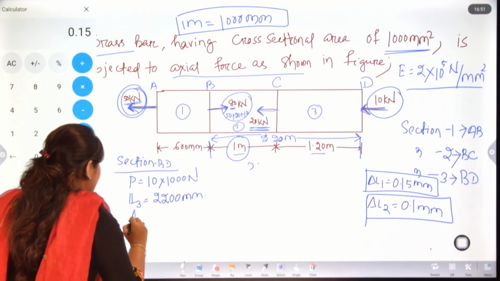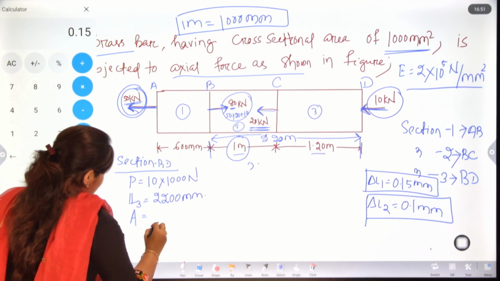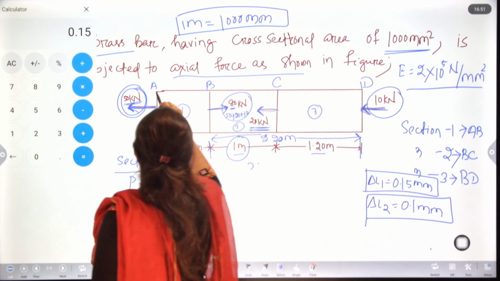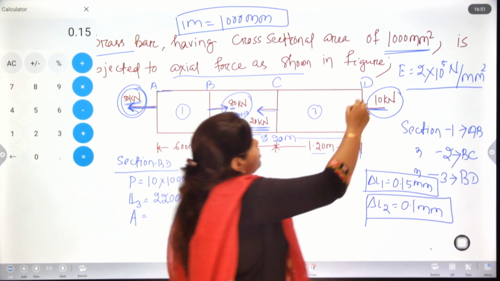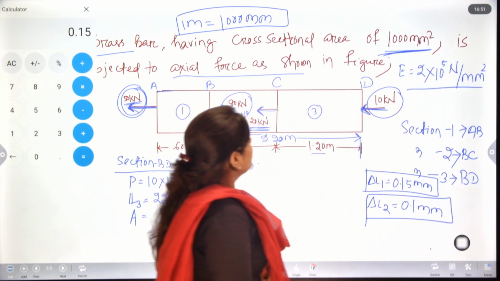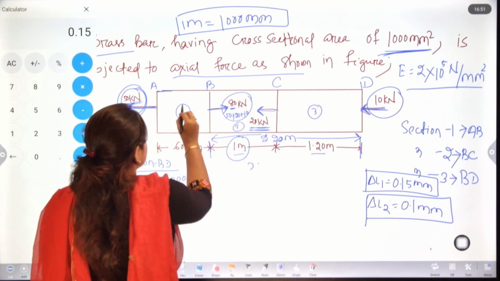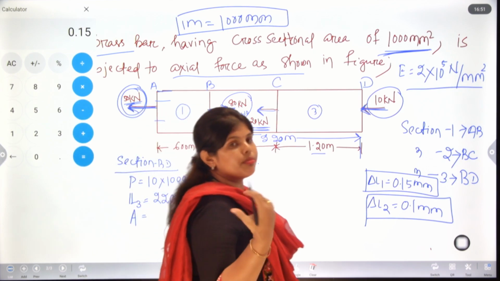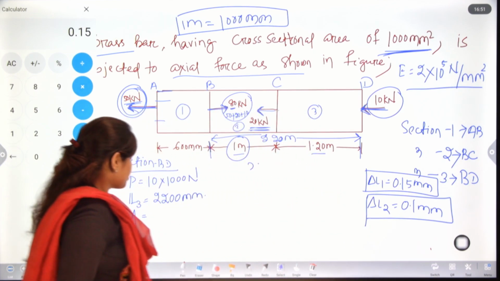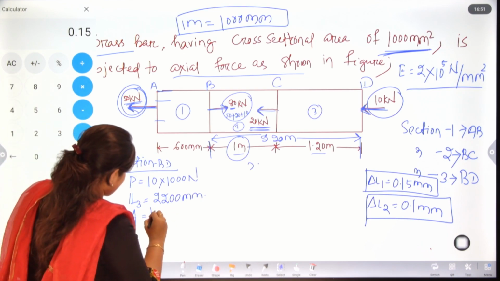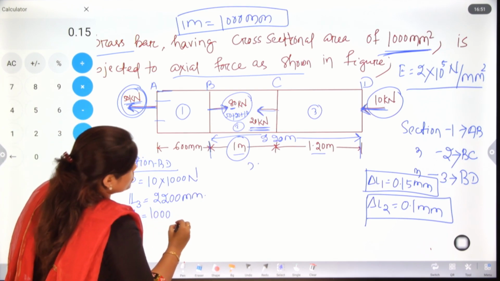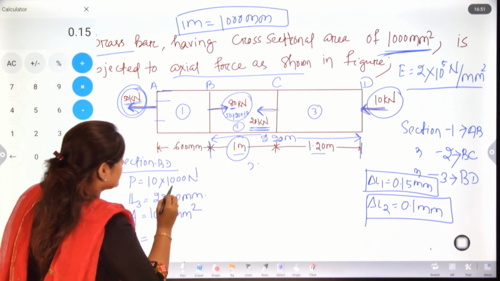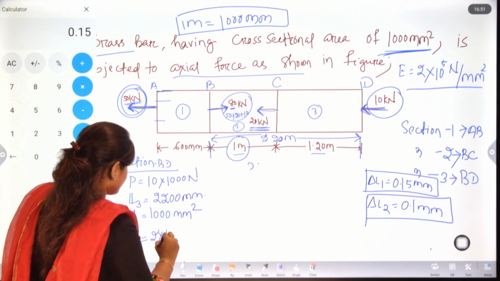Next, your area is already given, as the cross section of this brass bar is equal. So we will take this area, but if the cross section is not the same, we need to calculate the area by using the given diameters. 1000 mm square, and E is already given, that is 2 into 10 to the power 5.